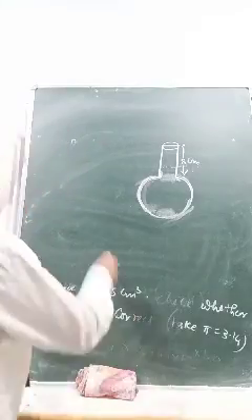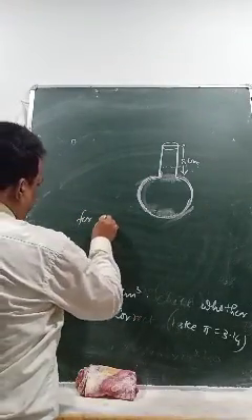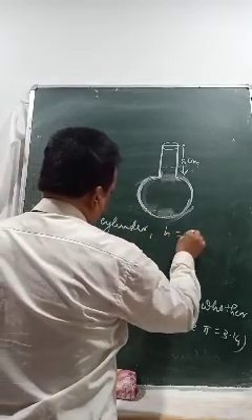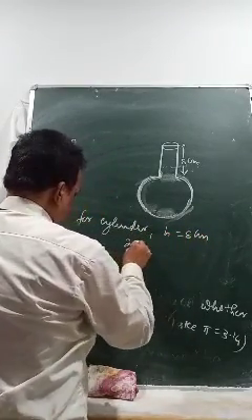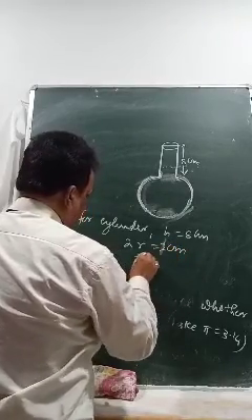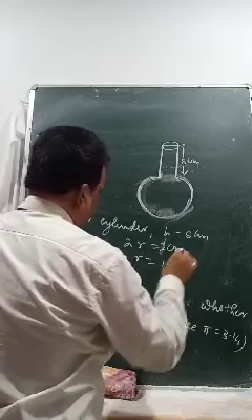So for the cylinder, height equals 8 centimeter, 2r equals 2 centimeter, r is equal to 1 centimeter.